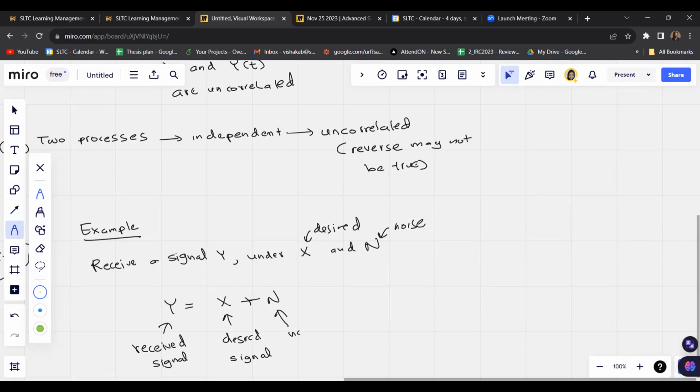This noise signal is another different signal which is getting added to the desired signal. So these x and noise signals are independent processes, or independent signals.